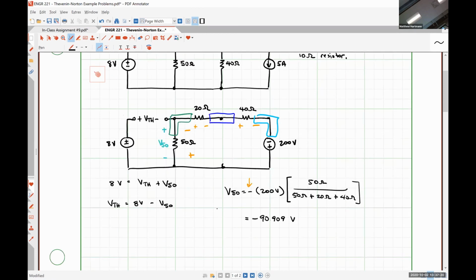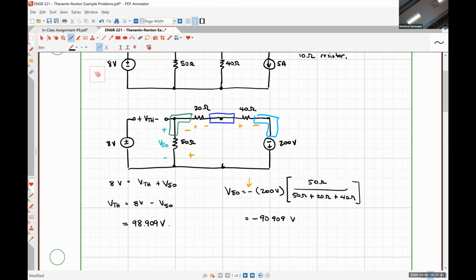So from this, our Thevenin voltage is 8 minus negative 90.909, which is simply 98.909 volts. So any questions about how we found the Thevenin voltage here?